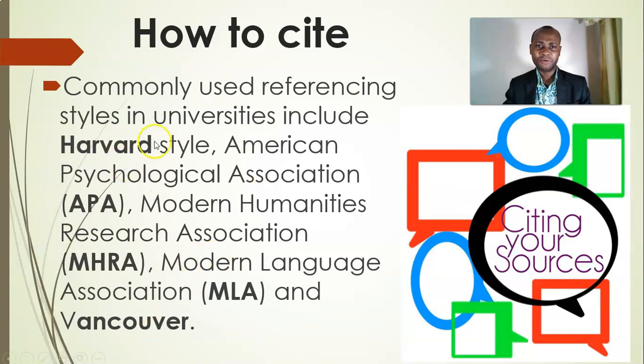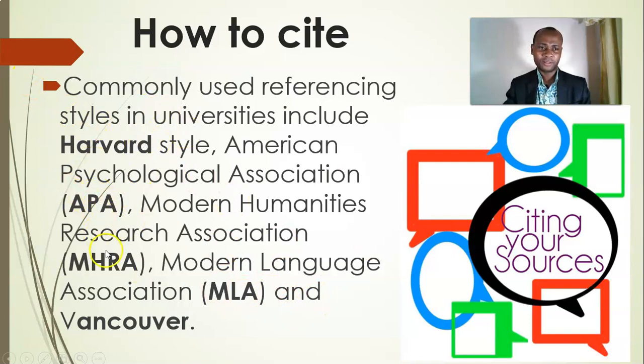Commonly used references are these: we have the Harvard, the APA, the MHRA, the MLA, and then the Vancouver. So you have to cross check with your journal which of these is used by your journal. However, the most commonly used are the Harvard, the APA, and the MLA. These are the three most commonly used.